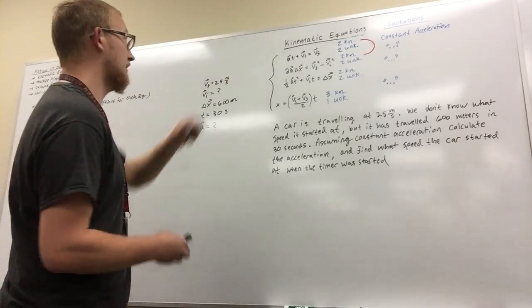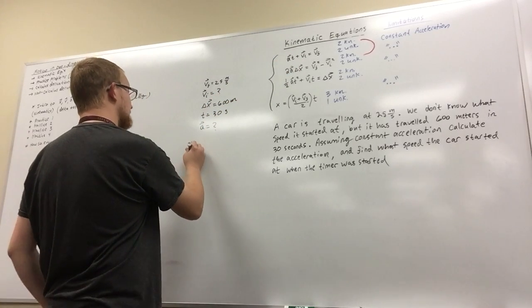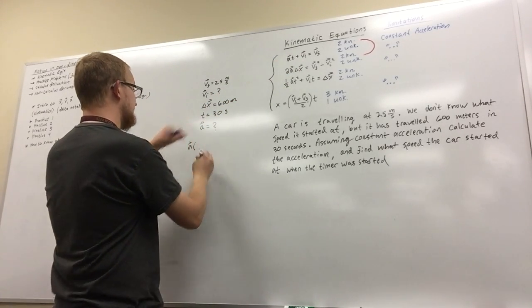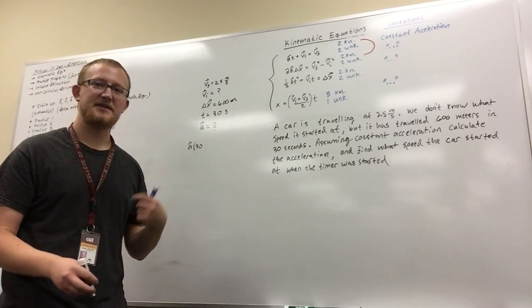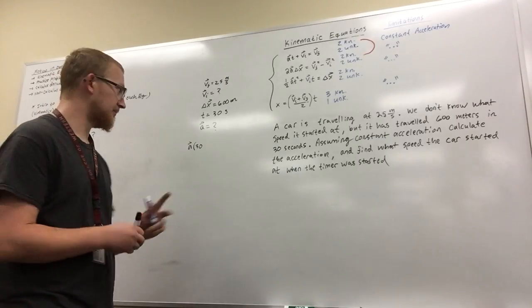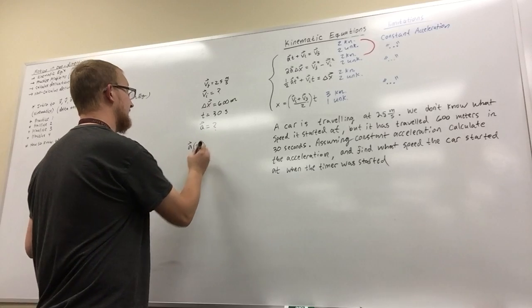So we start up here. We've got AT plus VI equals VF. So A t, we know time is 30 seconds. By the way, the past couple of videos I've been using units. Now that you've seen them work out, I'm just going to write numbers down because these problems are significantly longer, so carrying the units could take a while.